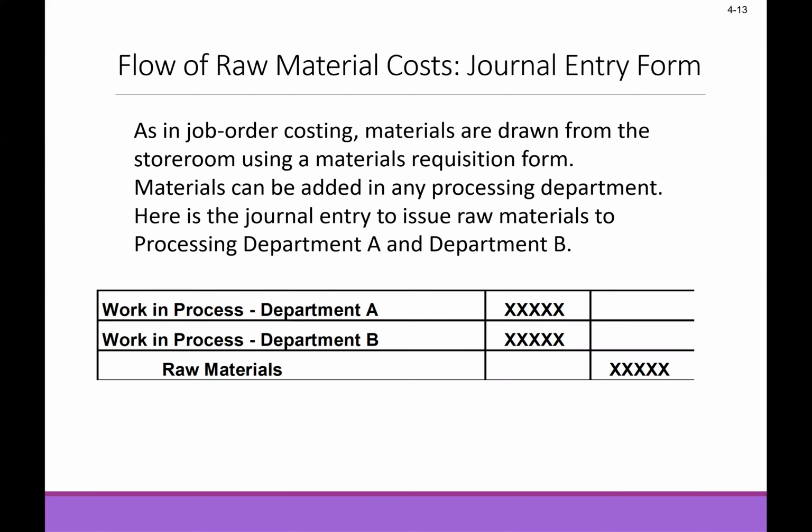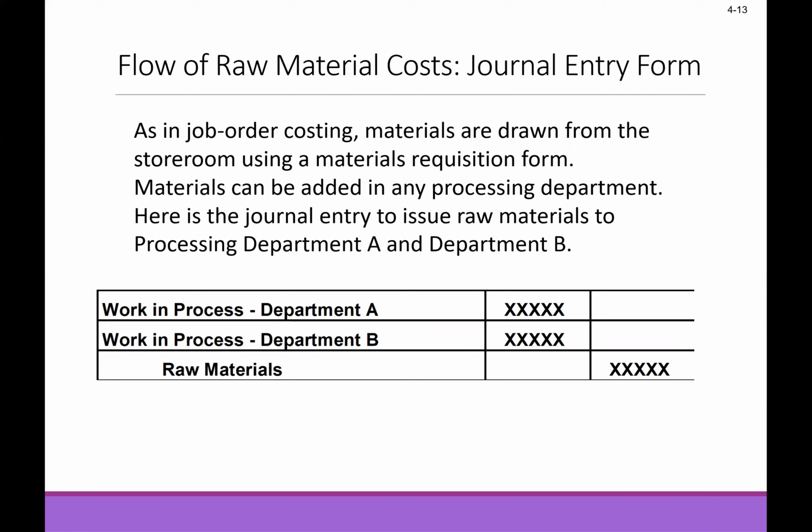In job order costing, materials are drawn from the storeroom using a material requisition form. In process costing, it's the same way. Materials are used via a requisition form, and they can be added to any processing department.